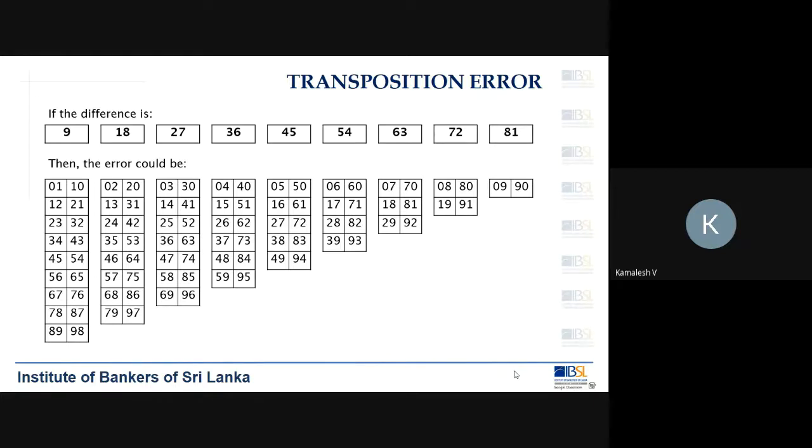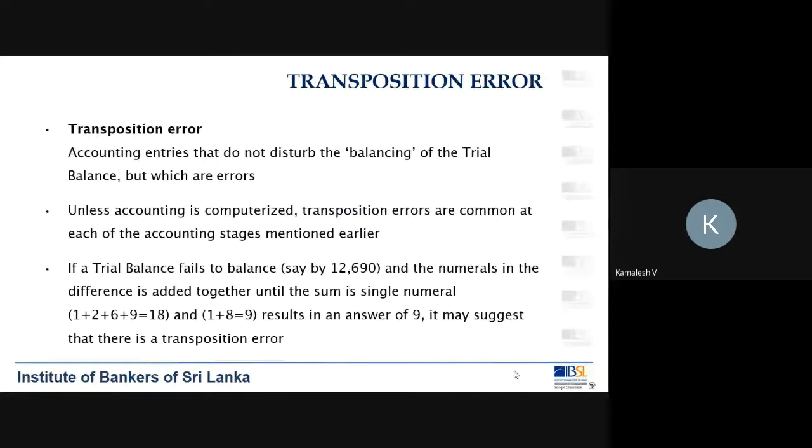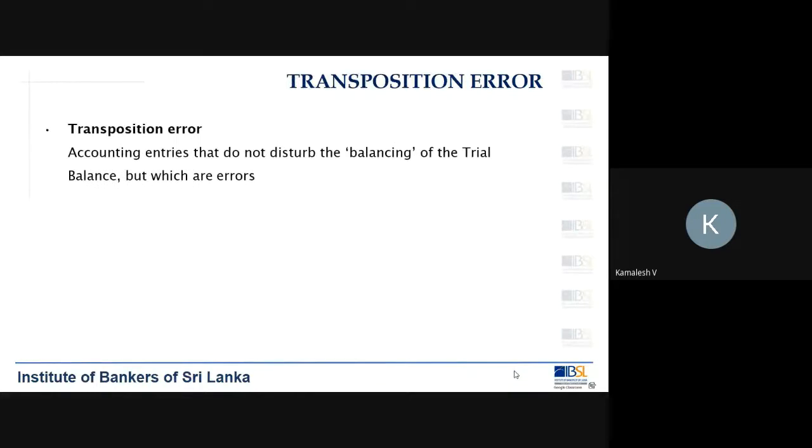Possible. But how do we identify whether an error is a transposition error or not? That is what we are trying to understand. So, what is a transposition error? Accounting entries that do not disturb the balancing of the trial balance, but which are still errors.